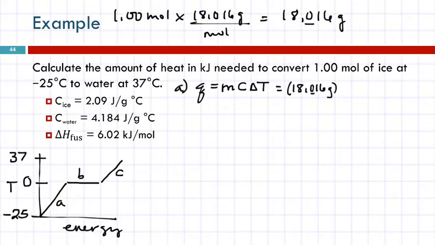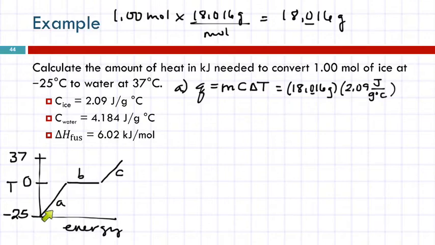The specific heat capacity, so they gave us some stuff here because we're going to need it. We want to use the specific heat capacity of ice. So it's 2.09 joules per gram degree Celsius. You don't want to use the heat capacity of water, because water is liquid and ice is solid, and they're not the same.